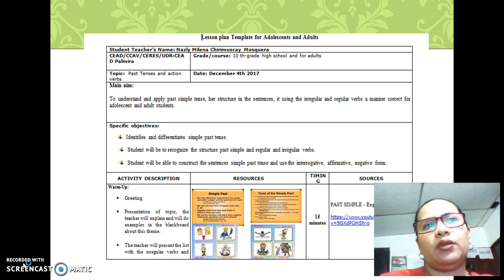The lesson starts with a greeting and the presentation of the topic. The teacher will explain and do a sample on the blackboard about the tense. The teacher will present the list with the irregular verbs and resolve the simple past. Then there is a paragraph with irregular verbs.